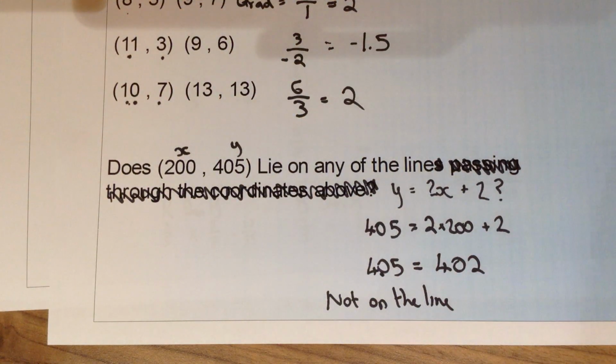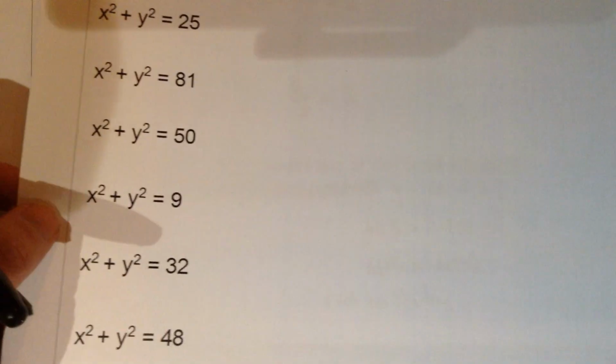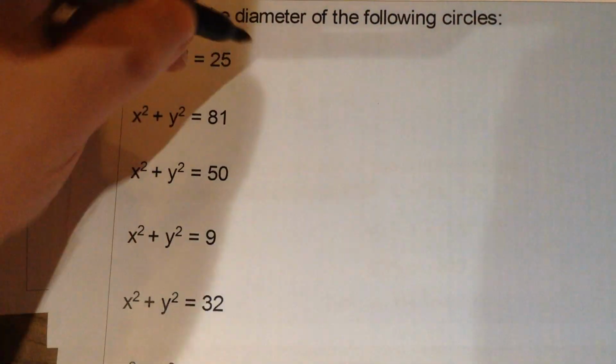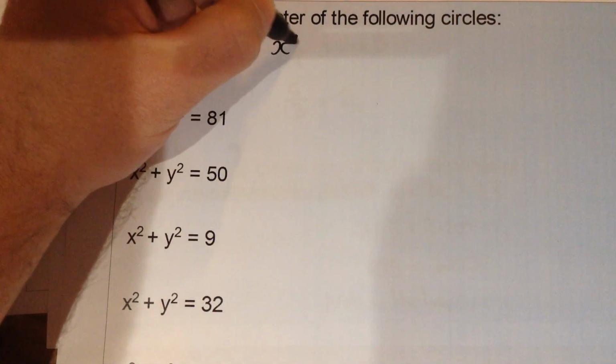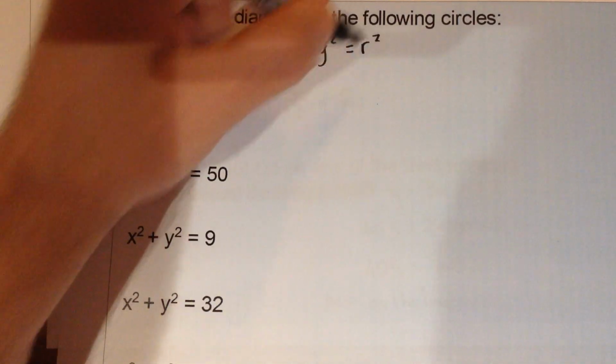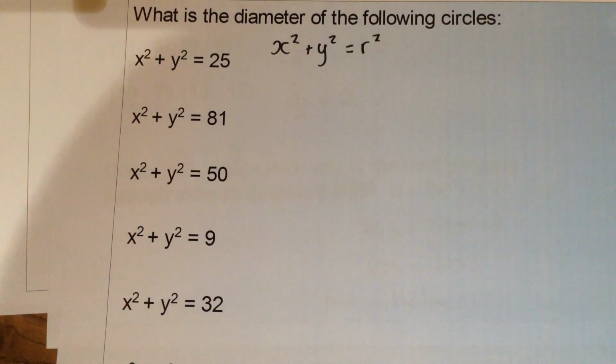The final topic for this video is all to do with circles and the equations of them. Well, equations of circles always look like this. x squared plus y squared equals r squared, where r is the radius of the circle.